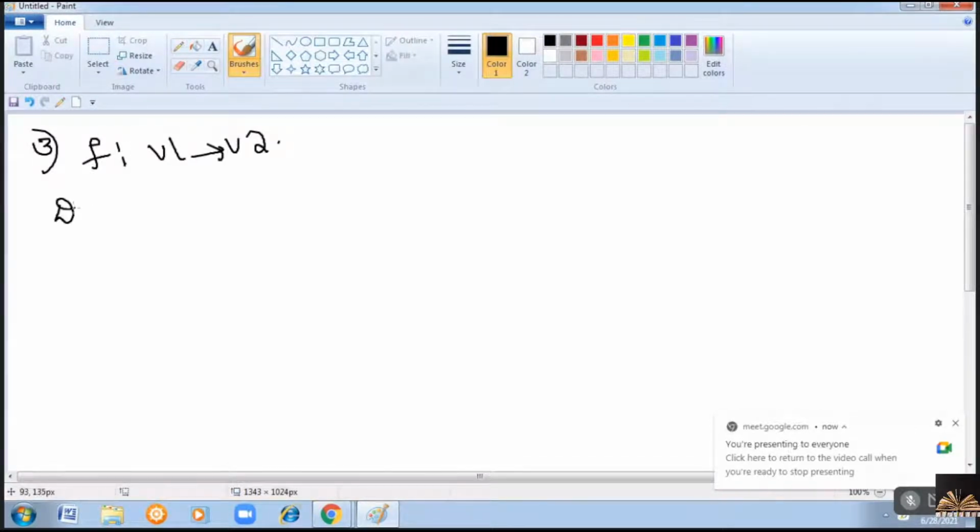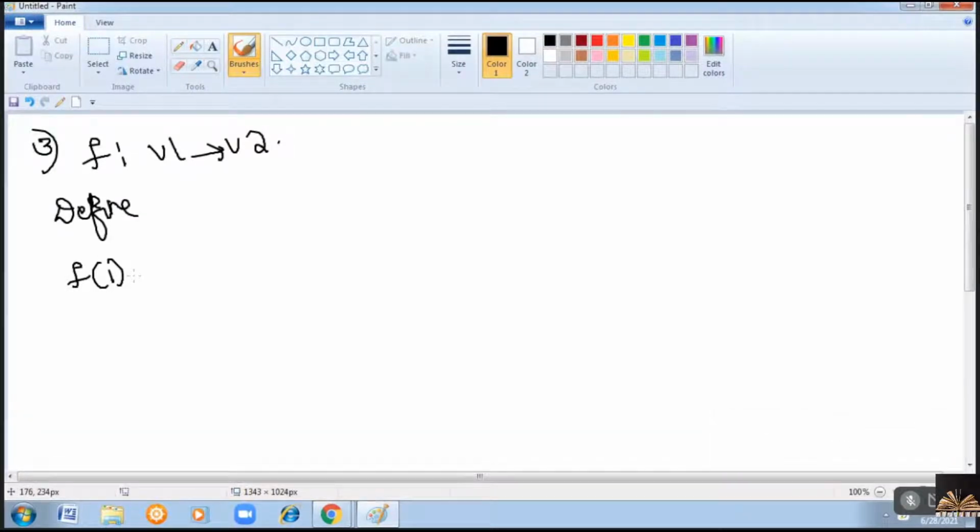That means you have to define f of 1, f of 2, f of 3, f of 4. You have to define a function from V1 to V2, which means what are the vertices in V1? 1, 2, 3, 4, right? So you have to define f of 1, f of 2, f of 3, and f of 4.